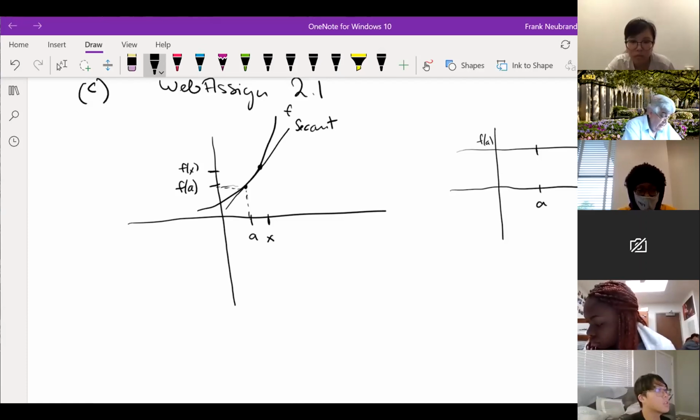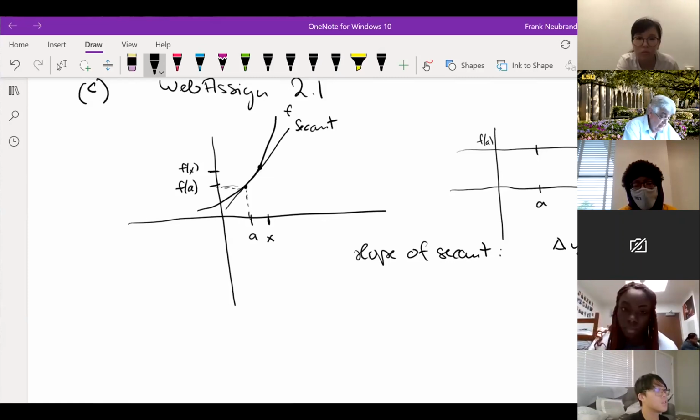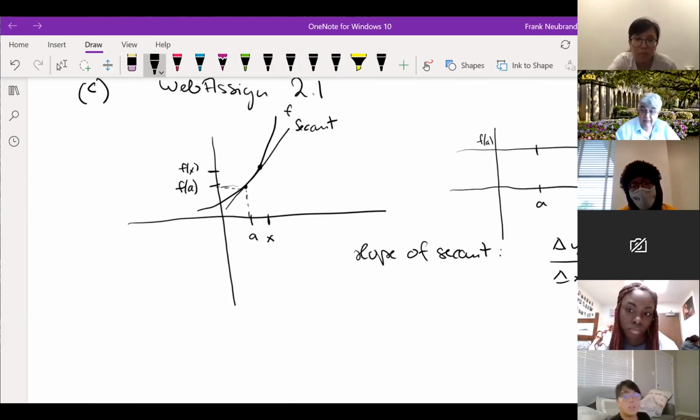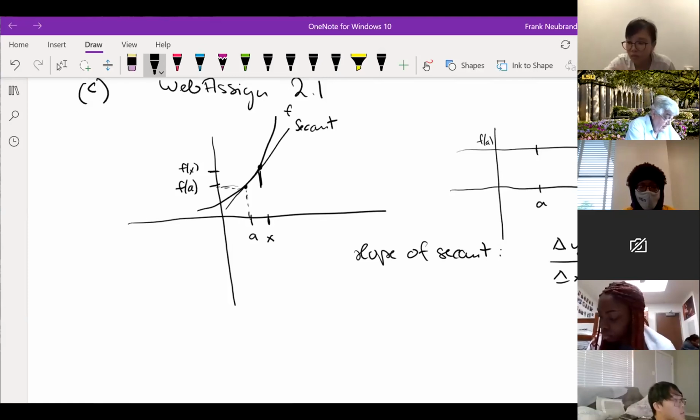The slope of the secant line is delta y over delta x, rise over run, where the rise is this piece here, that is f of x minus f of a, and the run is this piece here, this is x minus a.